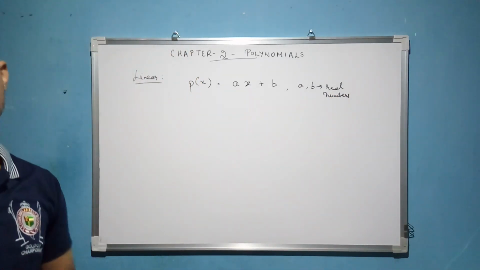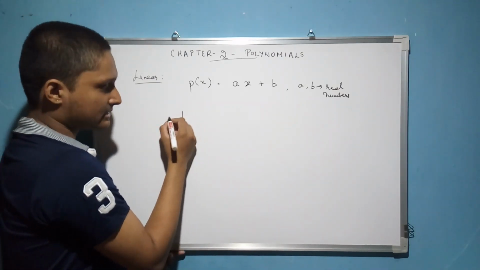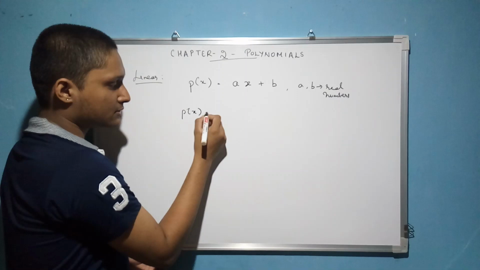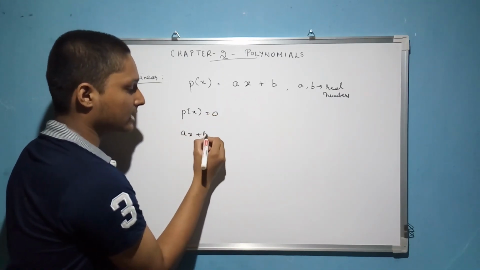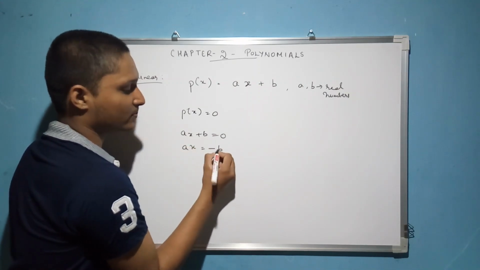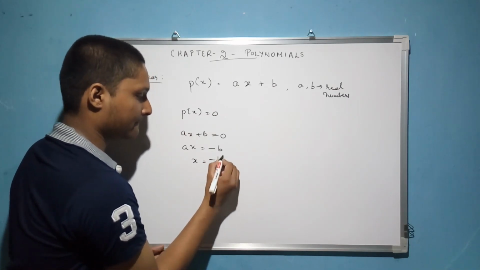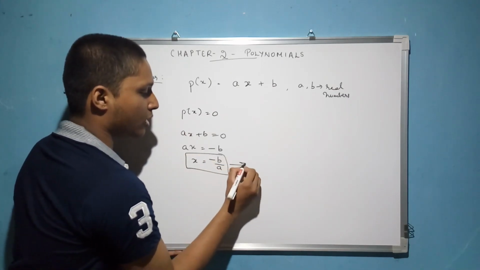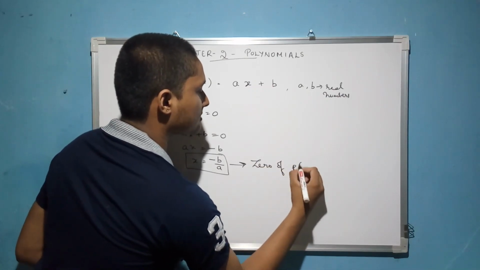How do you find the zero of such a polynomial? You need to find the value of x for which p of x is equal to 0. You know that p of x is ax plus b. So ax plus b should be equal to 0, or ax is equal to minus b, x is equal to minus b by a. This is the zero of the given polynomial, zero of p of x.